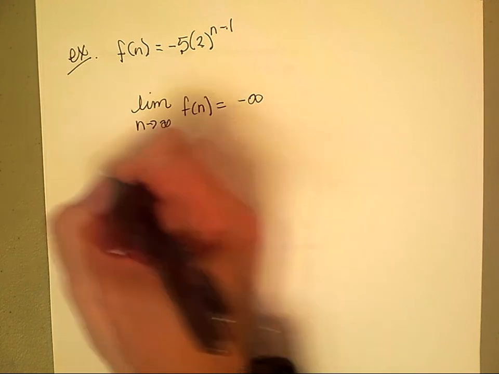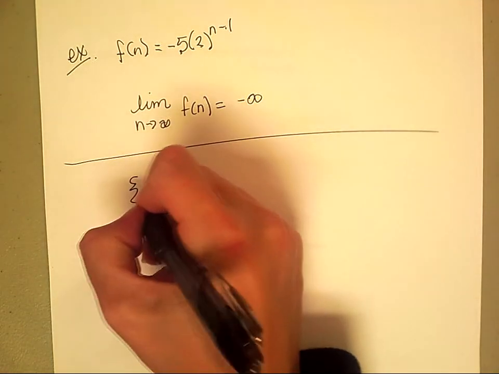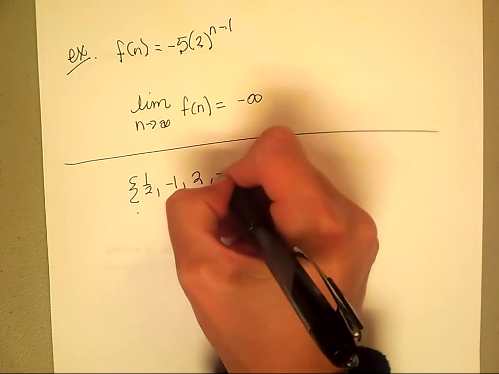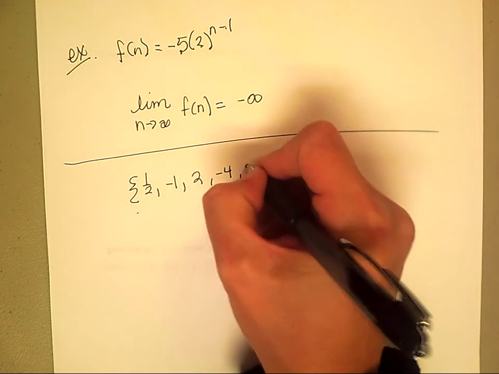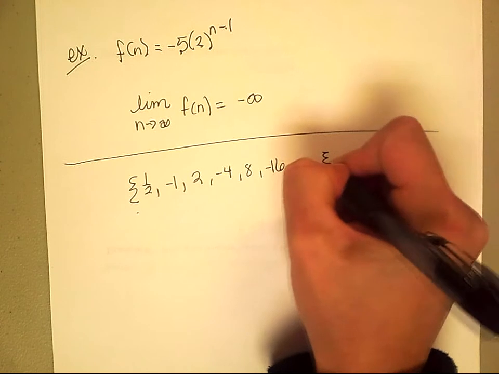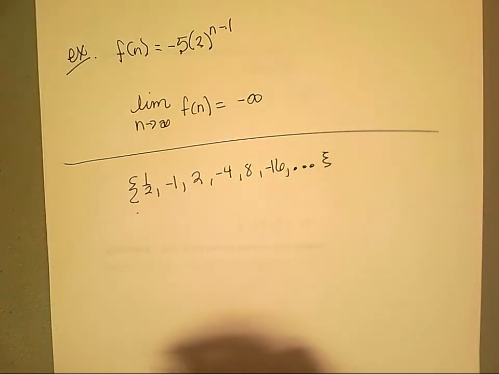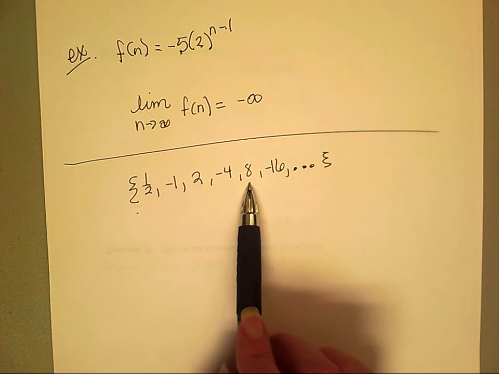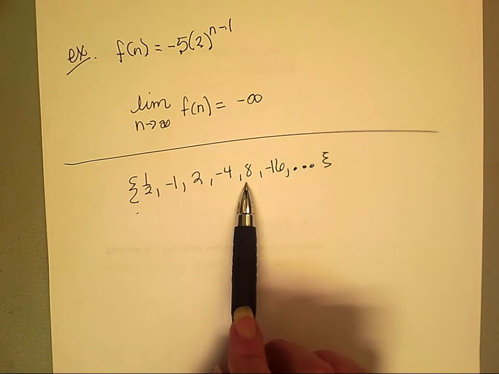What about this sequence? 1/2, negative 1, 2, negative 4, 8, negative 16, etc. Is it geometric? Absolutely. The common ratio here is negative 2.